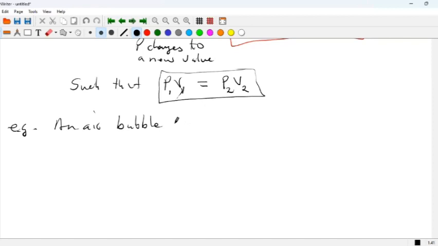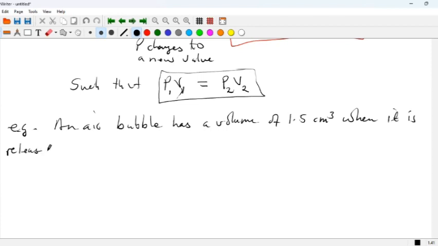An air bubble of volume 1.5 centimeter cubed is released by a swimmer.